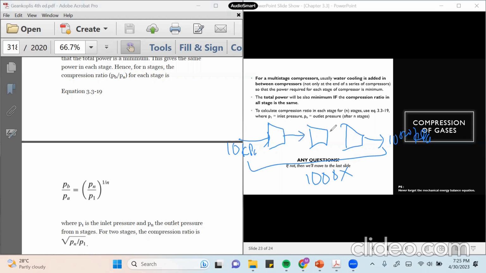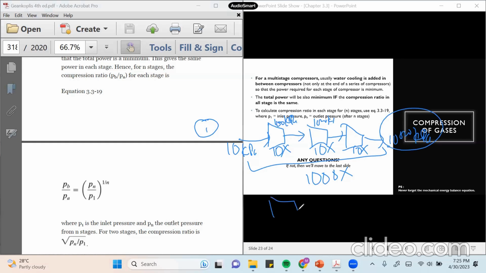For the first case, the compression ratio is 10 times here, 10 times here, 10 times here. So it becomes 100 kPa here, 1,000 kPa here, and 10,000 kPa at the last one. It's 1,000 times, right?